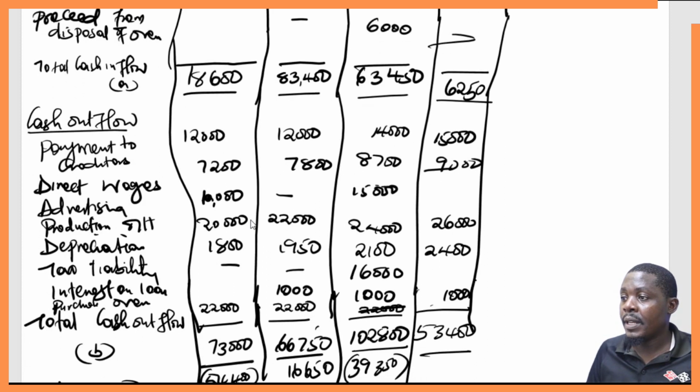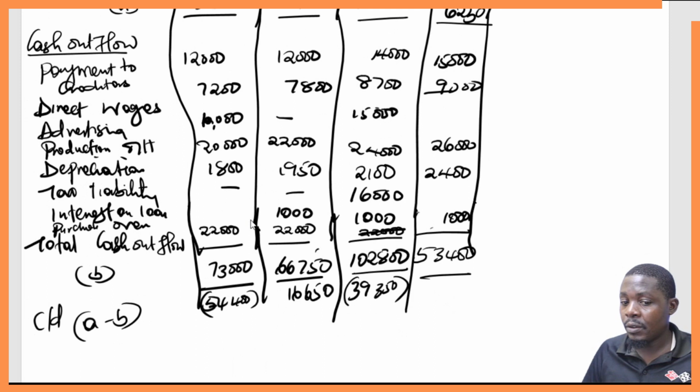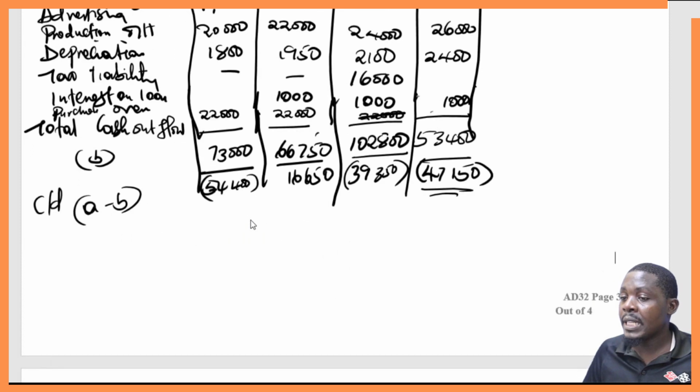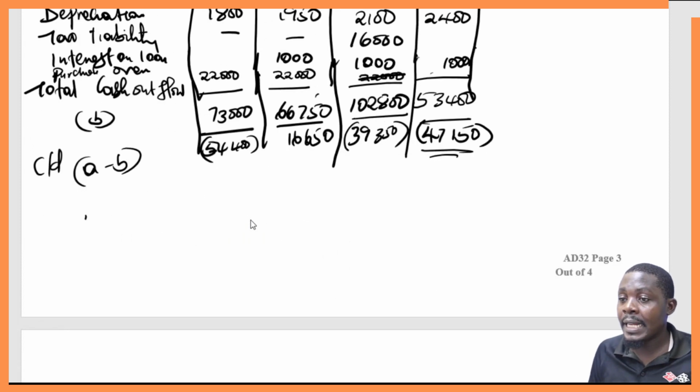Then we have the answer. We are minusing 53,400. You have negative closing balance. We have negative 47,150 as deficit.